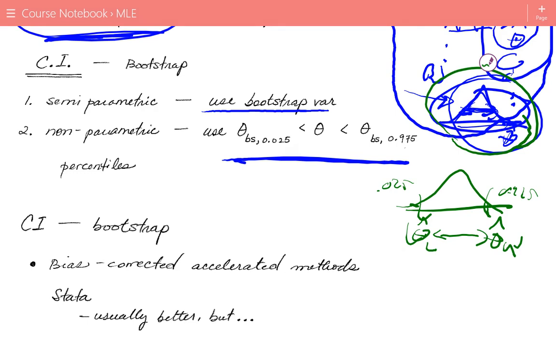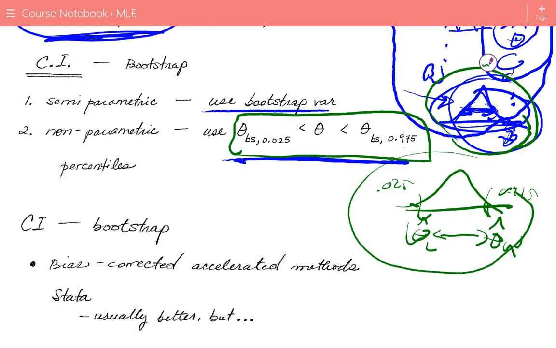And so this can be very helpful if you're not at all confident in the distribution of the parameters. You can do a bootstrapped distribution and then use this percentile. This will tend to be wider than other types of bootstrapped intervals that you can use, a little more conservative that way.